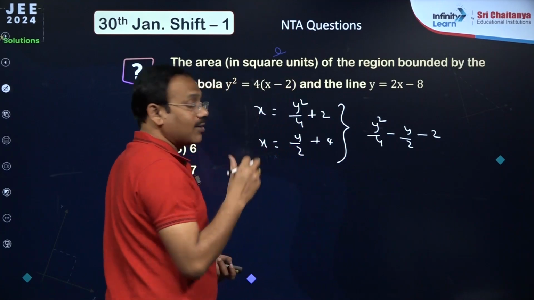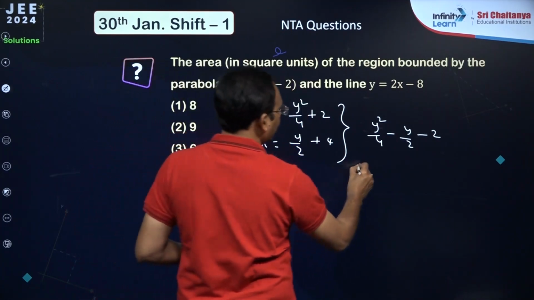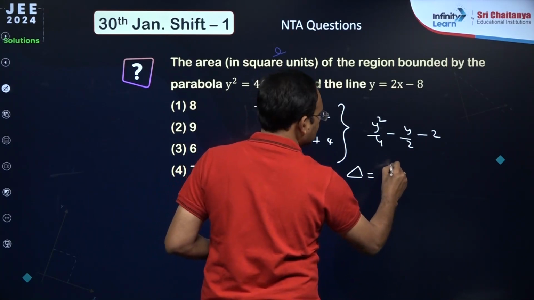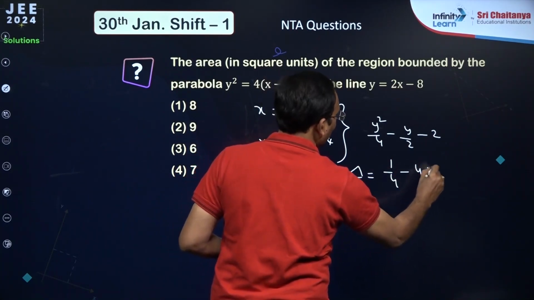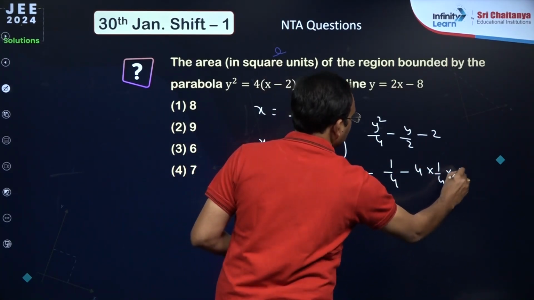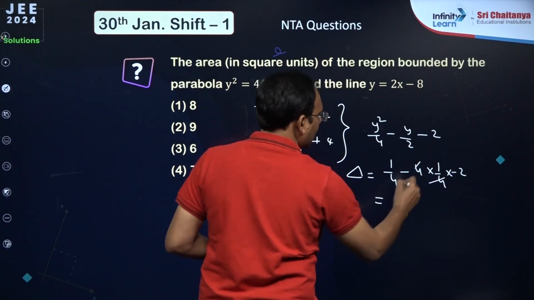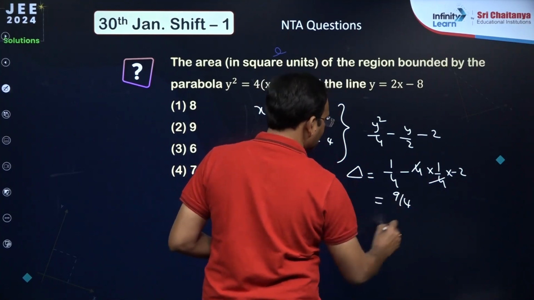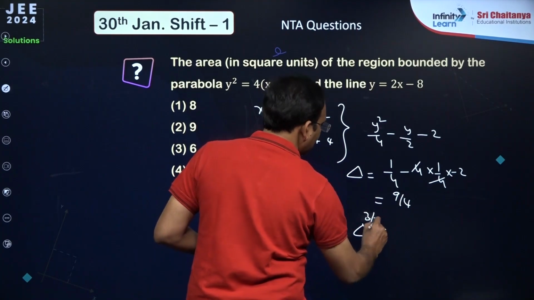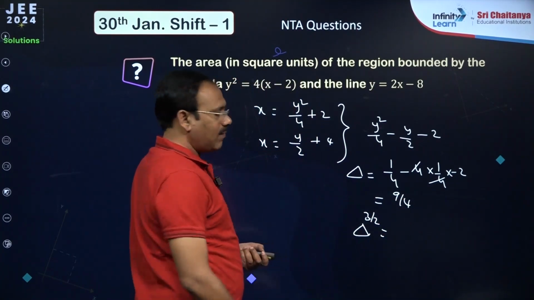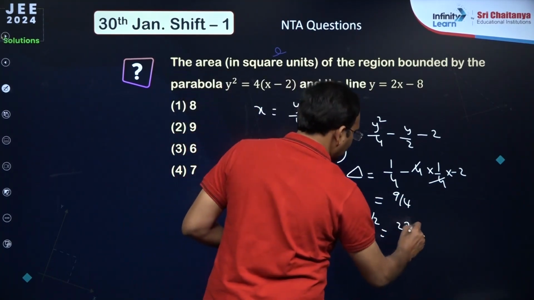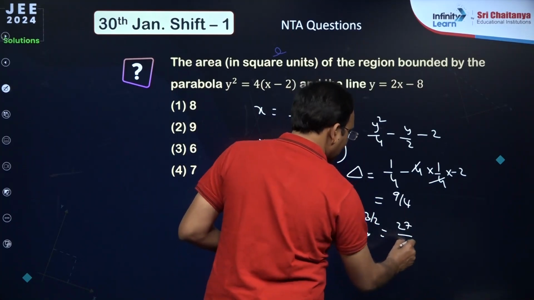So it is like a quadratic expression, you just compute delta, that is b square minus 4ac, which becomes 9 by 4. So delta power 3 by 2, this is a perfect square, 3 by 2 whole square, so 27 by 8.